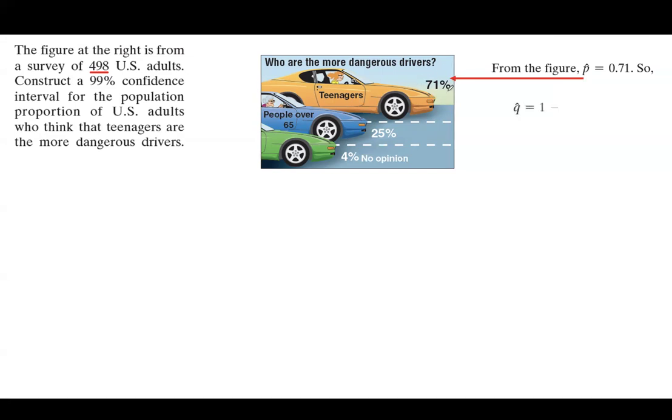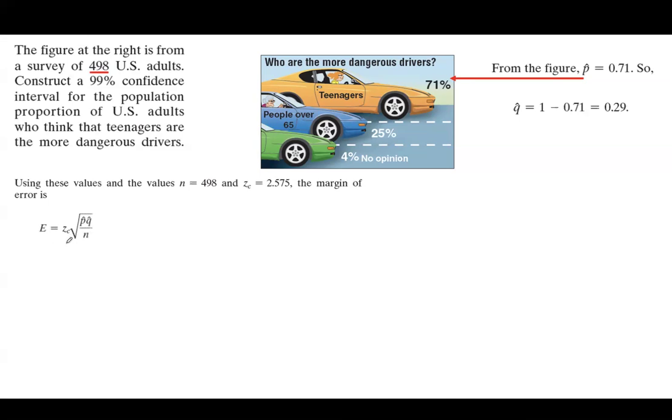So you can easily calculate q hat, which is 1 minus 71%, or 0.29. Now, using these values and the value that n is equal to 498, zc, the critical value, is going to be 2.575.